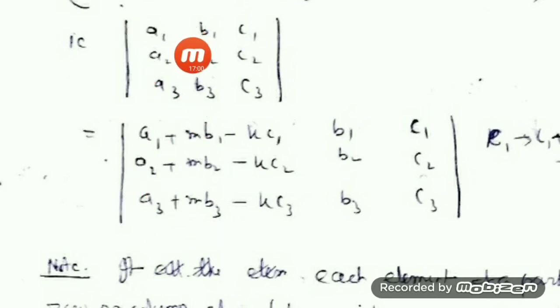Column 2 I have multiplied by m, so MB1, MB2, MB3, and column 3 is multiplied by k, so KC1, KC2, KC3. Then this is added: A1 plus MB1 minus KC1, then A2 plus MB2 minus KC2, then A3 plus MB3 minus KC3. Keep the others as they are.